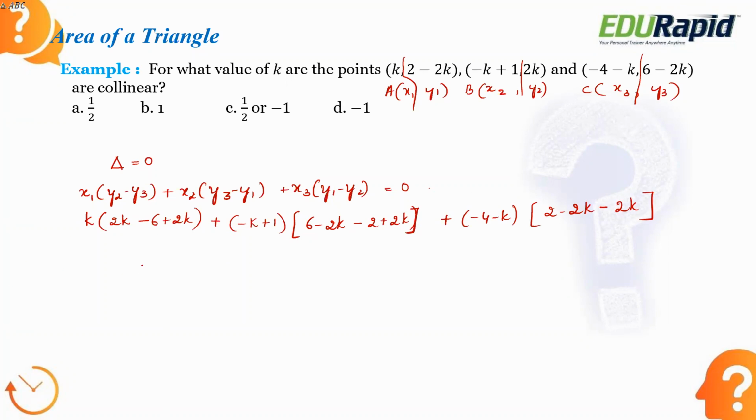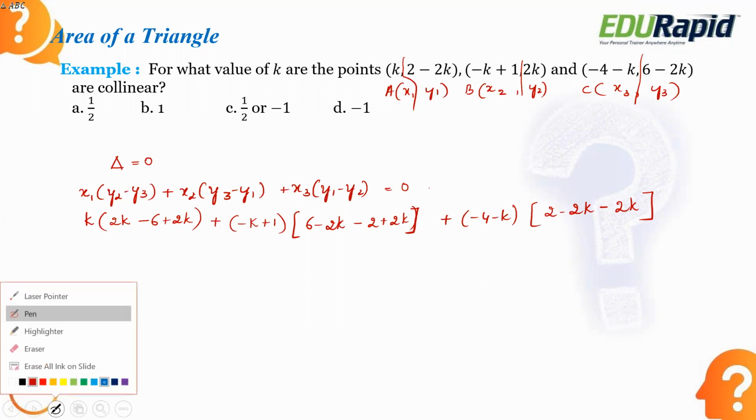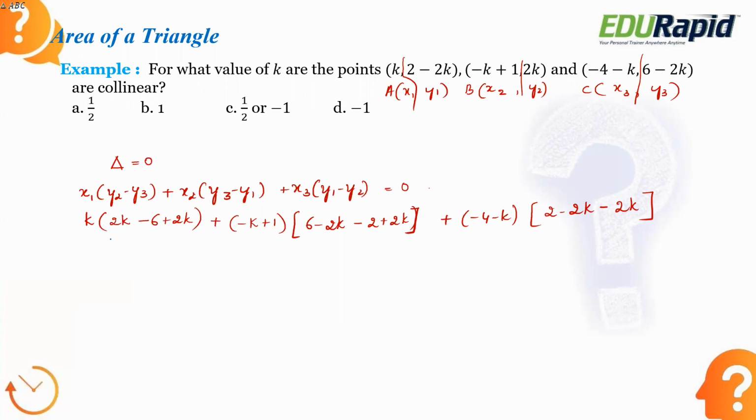Now just simplify the terms, what gets cancelled, and then move further. So you have 4k minus 6. Correct, 4k minus 6.